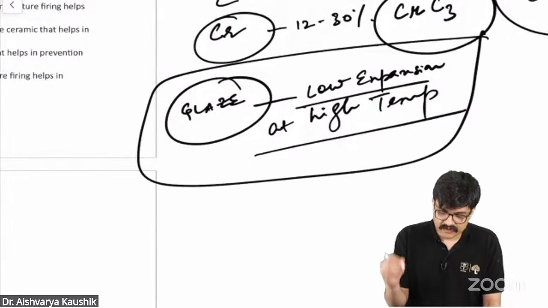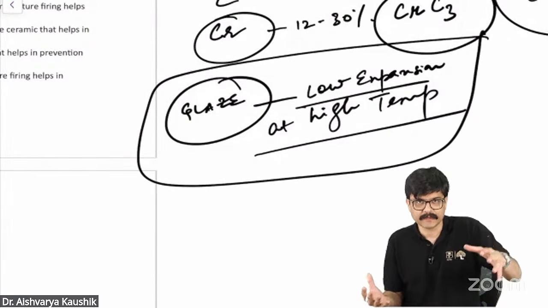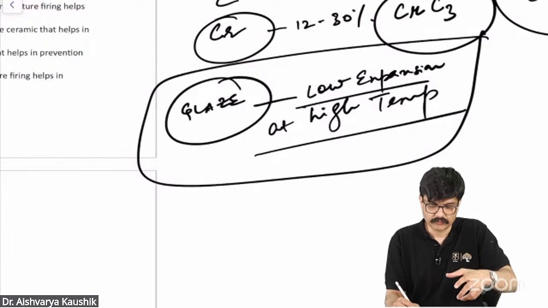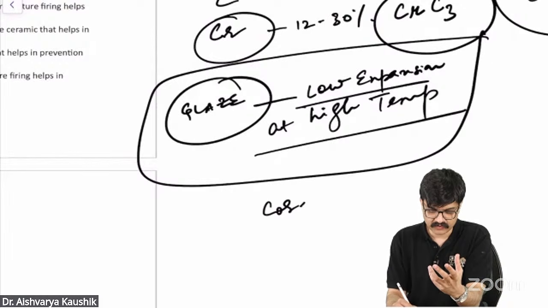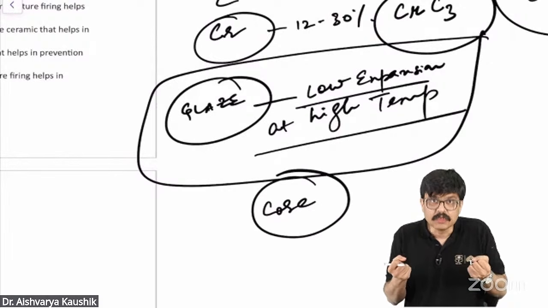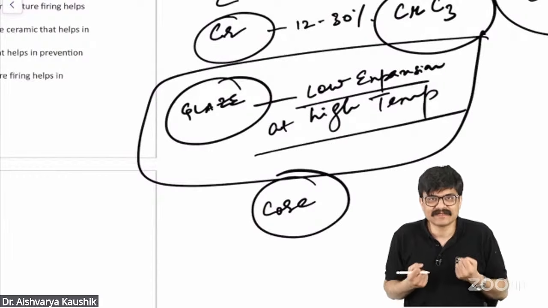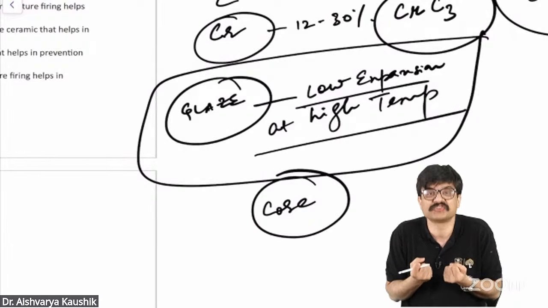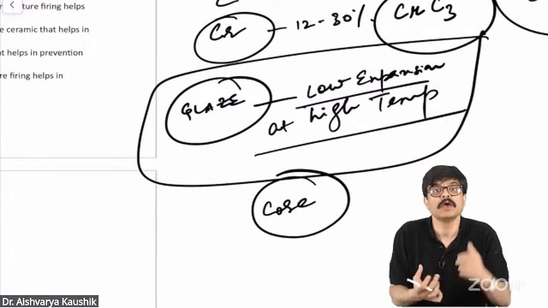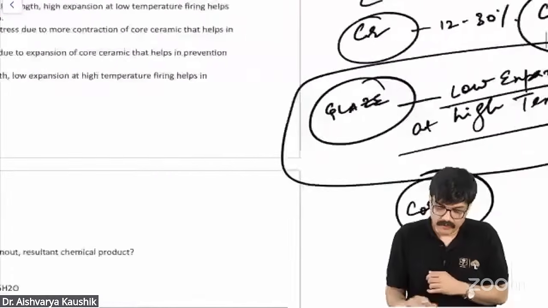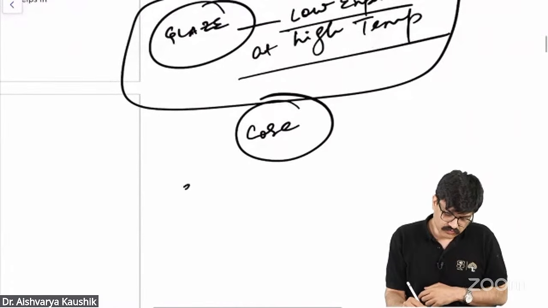And the other important thing is that while it is cooling, the underlying ceramic, or the core of the ceramic underneath the glaze layer, undergoes more contraction, which pulls the outer glaze layer towards itself. So it remains in a state of residual contraction, not expansion, contraction, which prevents crack propagation.